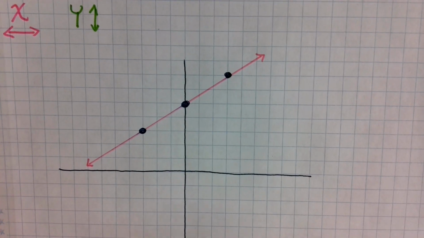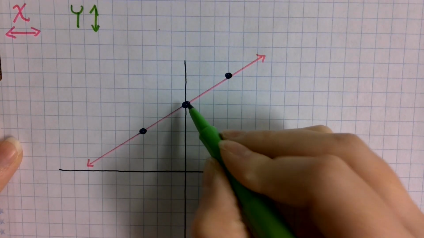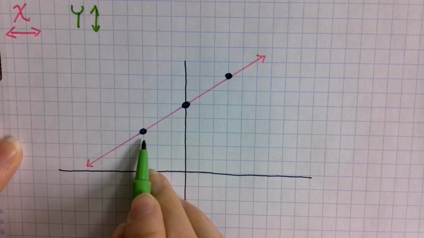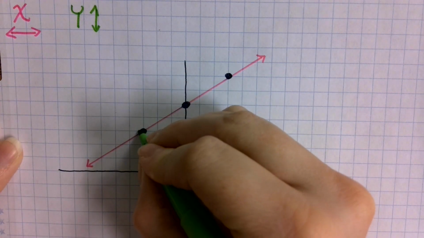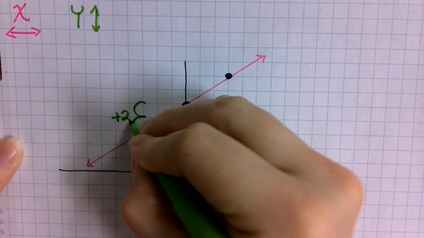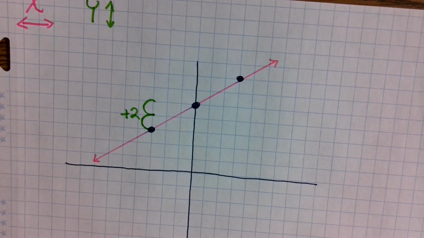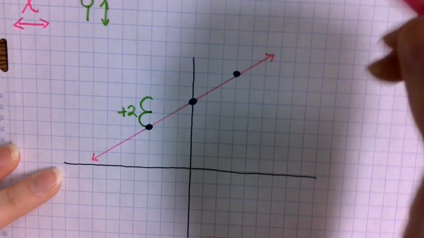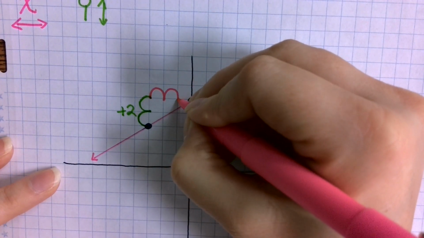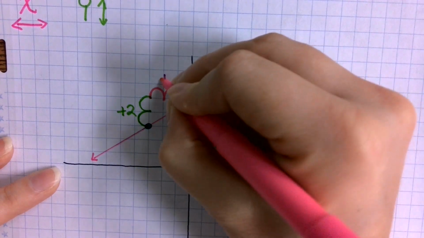So I pick any point I want, and I'm trying to get to the next point. To go from my first point to the next point, I have to go up. I'm going to go up 1, 2. Then I'm going to do my x value, my run. 1, 2, 3.